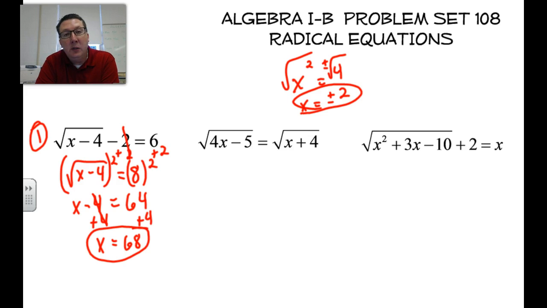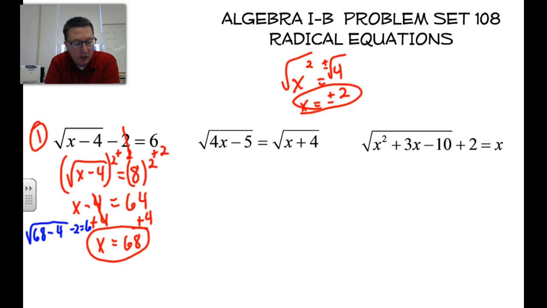Now, on these problems, we have to go one step further, and that is we have to check our answer. So we're going to take that 68 and plug it back into the original problem, and we have to make sure that it works. So if I plug in a 68 for x, that's the square root of 68 minus 4, minus 2, equals 6.